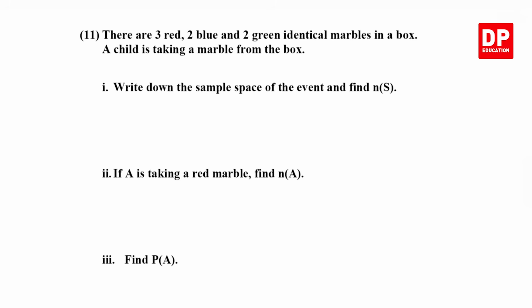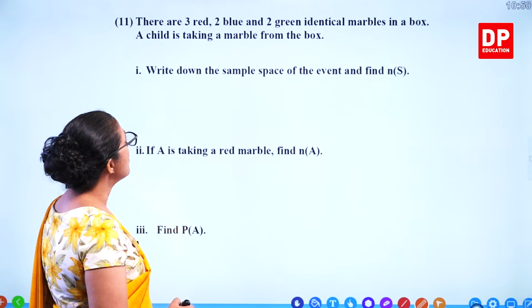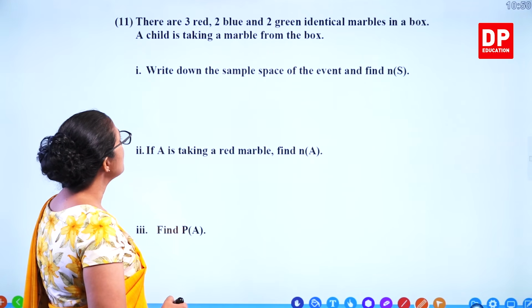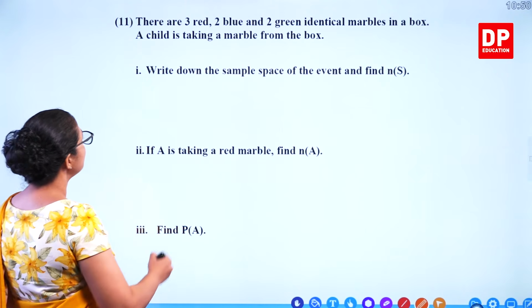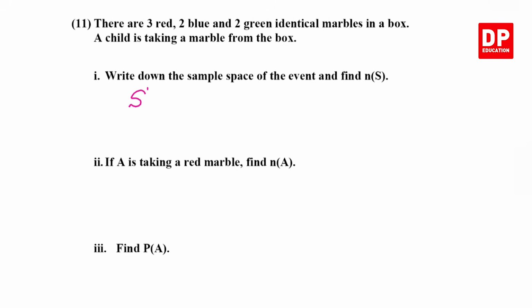Look at this question. There are 3 red, 2 blue and 2 green identical marbles in a box. A child is taking a marble from the box. Write down the sample space of the event and find NS. So what are the possible outcomes? So here 3 red ones are there.